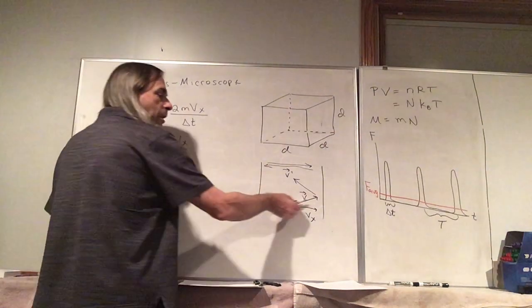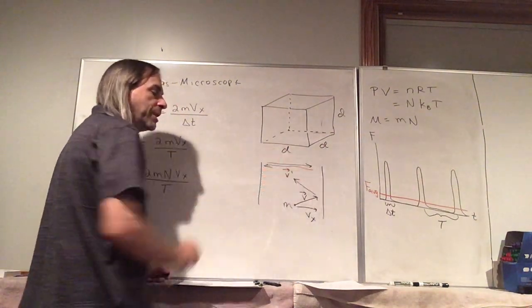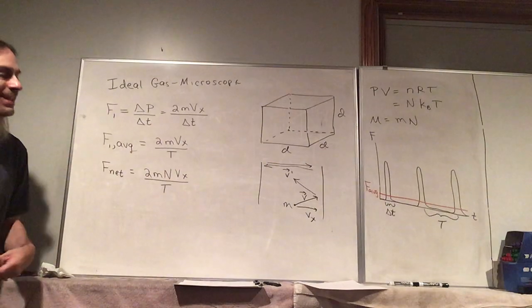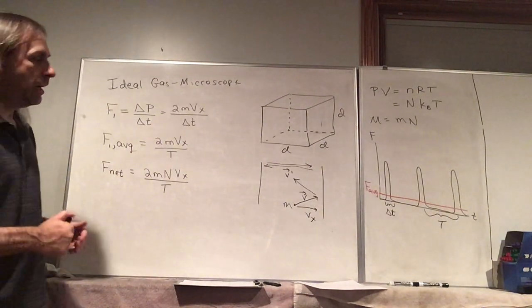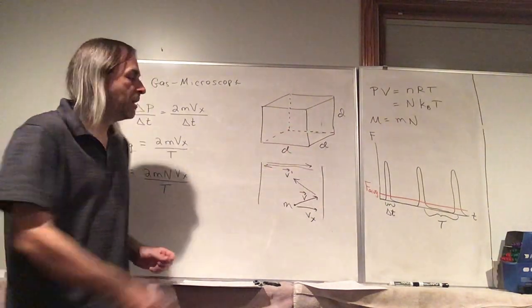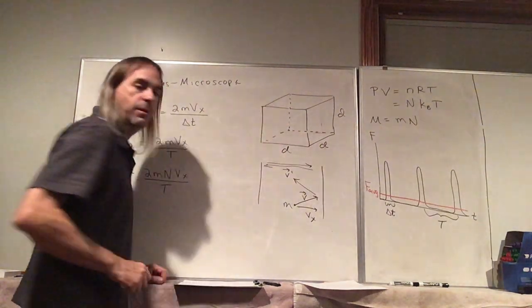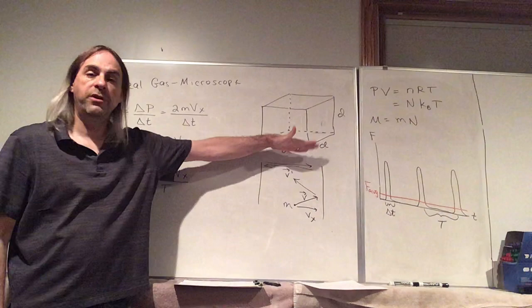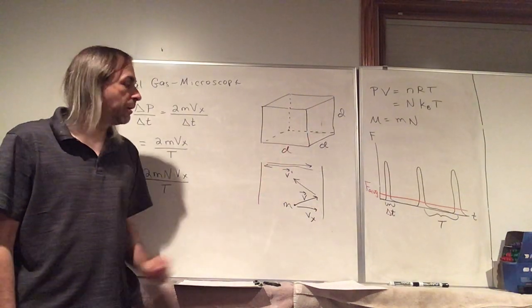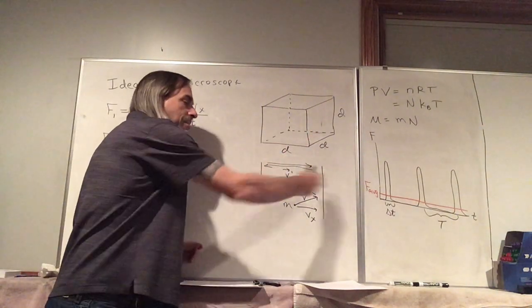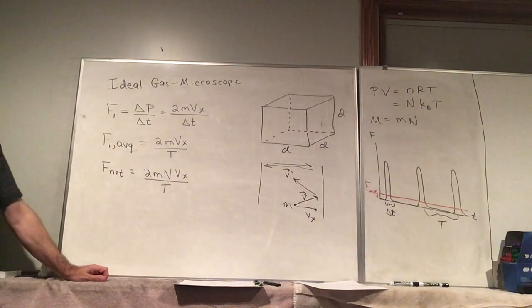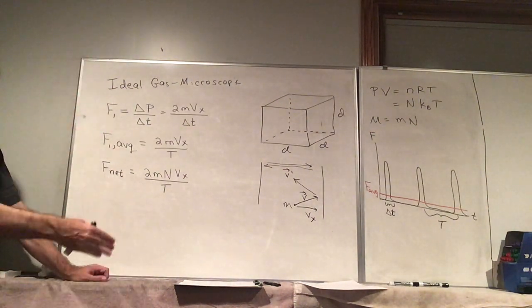Now, if we look at this original molecule bouncing back and forth, it's hitting at an angle, and so it has this y component. Basically, it's going back and forth, and it's moving upwards vertically. Eventually, it's going to hit the roof, and then it's going to be moving down vertically. But the time it takes to make this round trip has nothing to do with the y component of the velocity. That's just moving vertically.